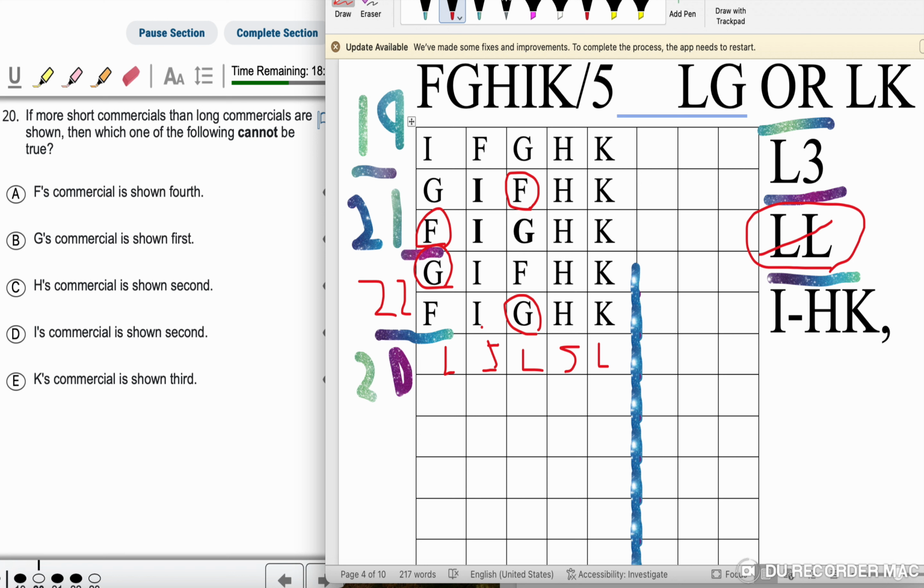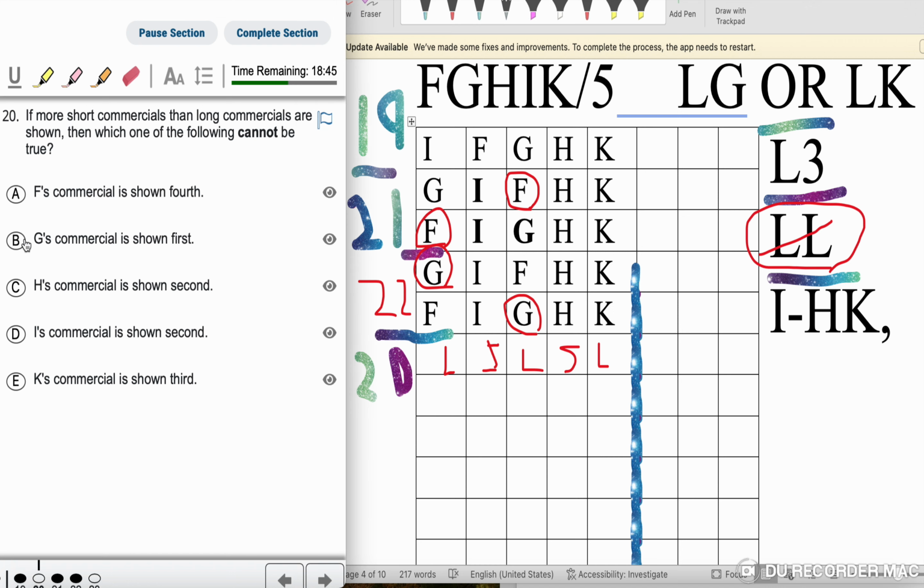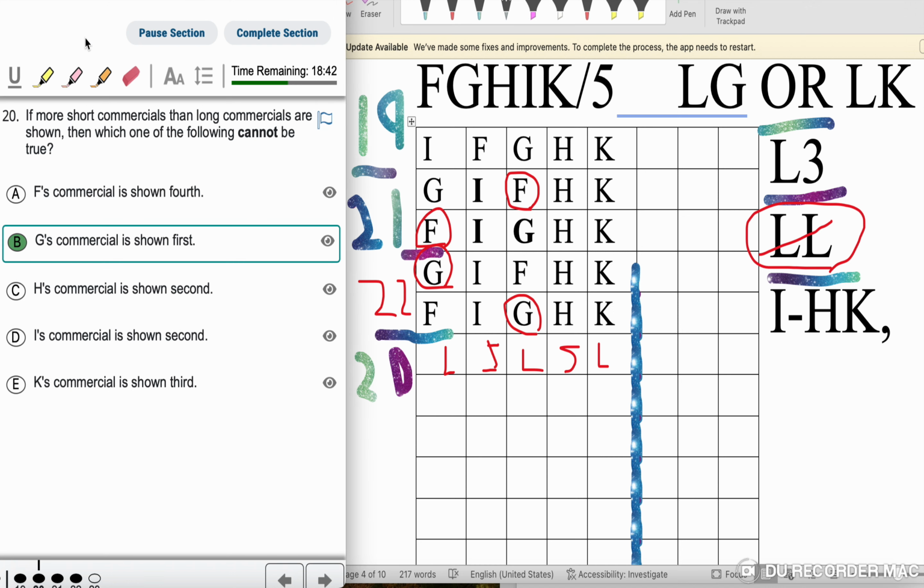So G's not going to be able to be put in the second or fourth position because that would put it next to a long. So G's not going to be going in the fourth position at all. Answer B. G commercial is shown first.